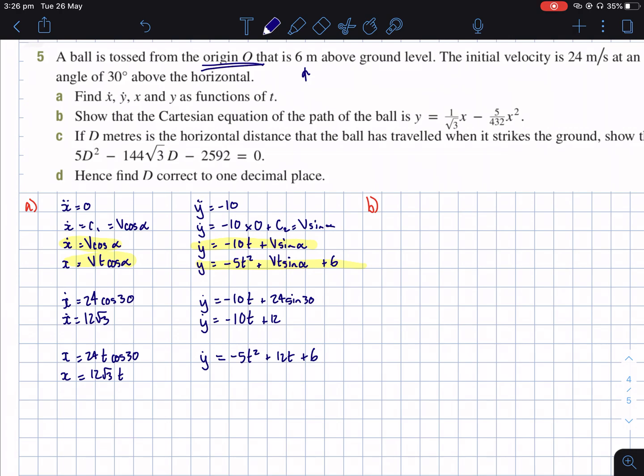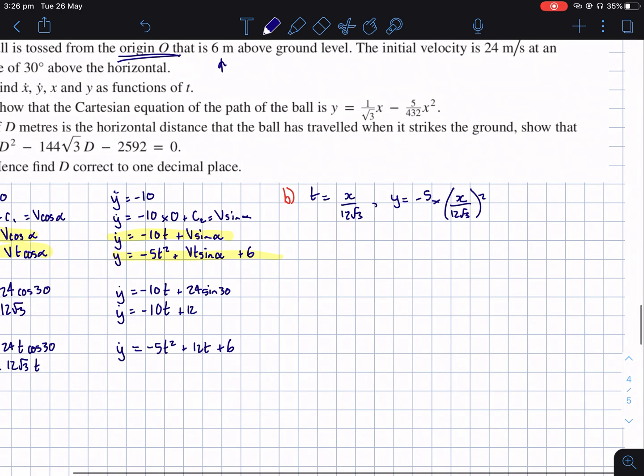Show that the Cartesian equation of the path of the ball is whatever that is. So this means t equals x on 12 root 3. Y will then be minus 5 times x on 12 root 3 squared plus 12 times x on 12 root 3 plus 6.